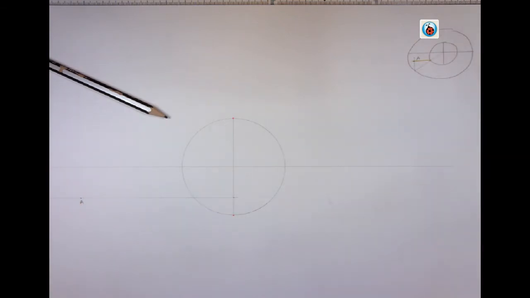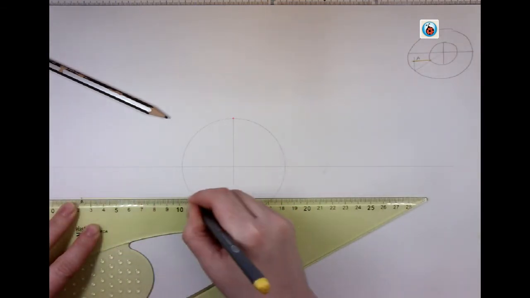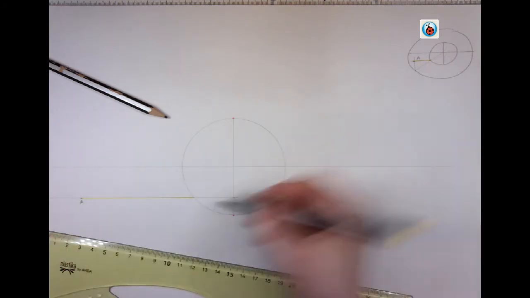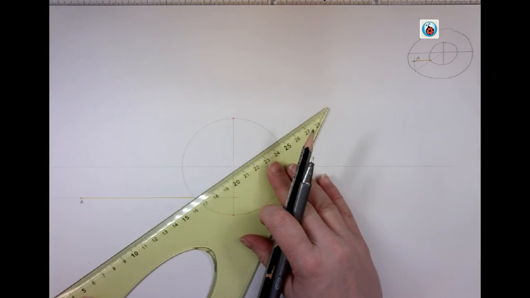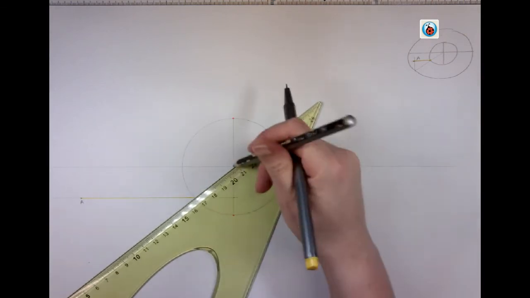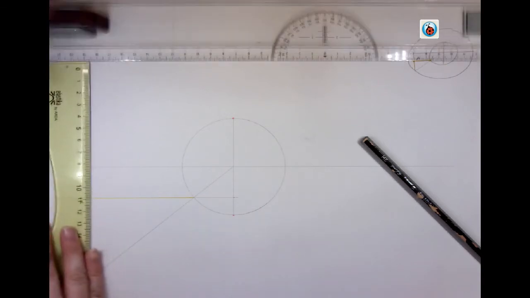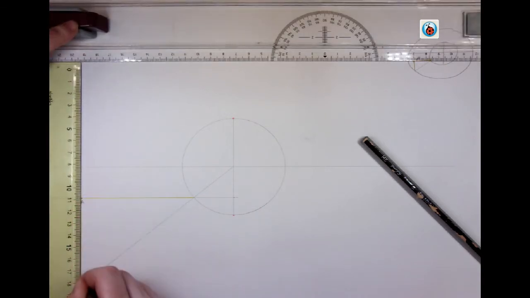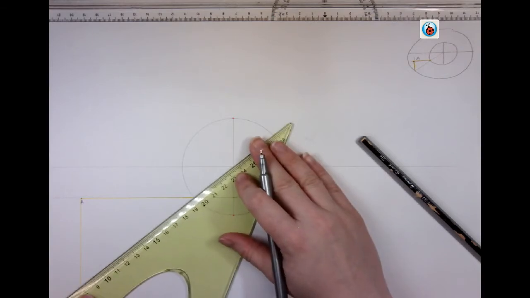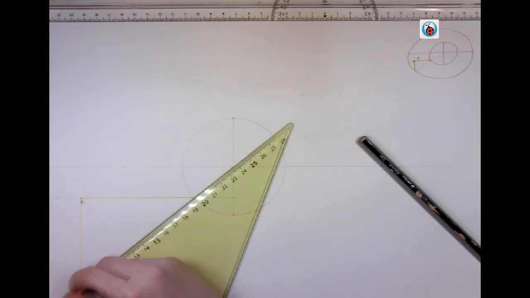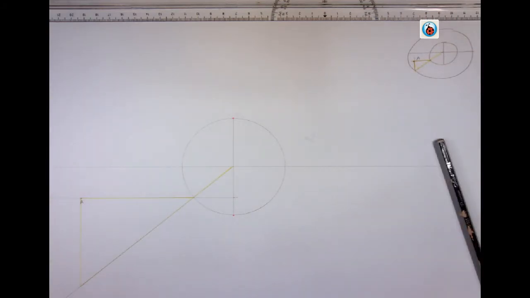So I have that here. So that's this line. This point then joins to my center point and is extended. And from point A, we have a vertical line which is parallel to my minor axis. So that's this, and then join this back to my center point. And that's how we find our major circle.